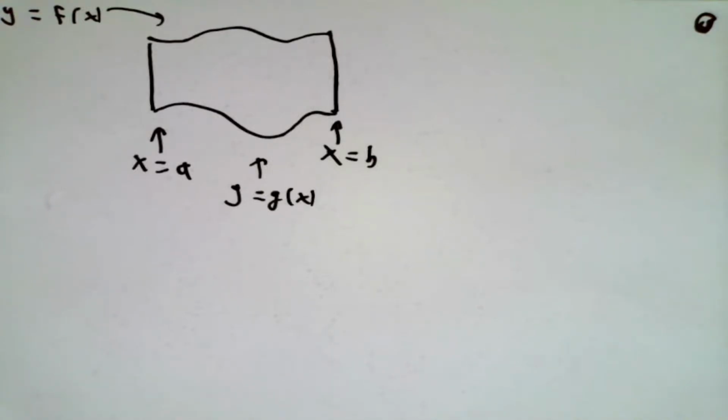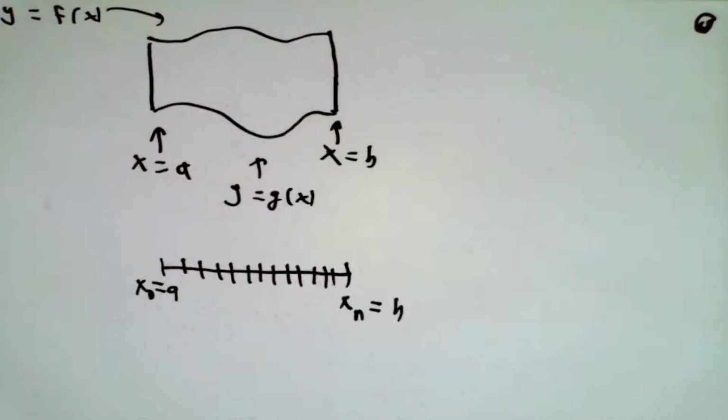What we're going to do is the following procedure. We're going to set up a partition of the interval of x numbers from x0 equal a to xn equal b. I've drawn my number line below the region. This is just for purposes of reference.